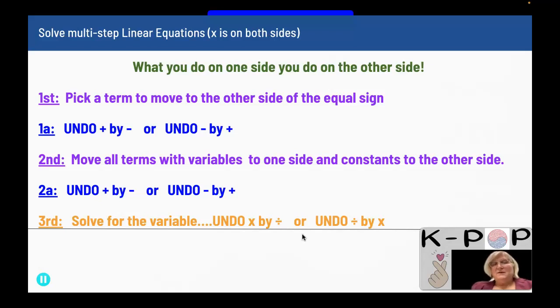You undo them by addition or subtraction. Then my last step is either multiplying or dividing. To undo multiplication, I divide. To undo division, I multiply. And I will have my variable alone equal to a number.